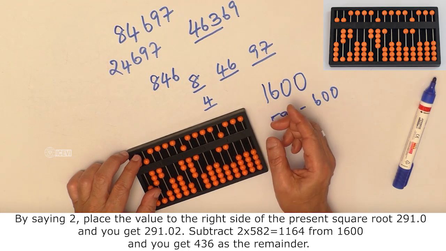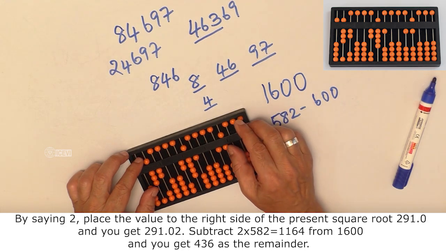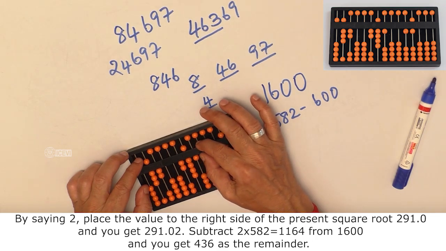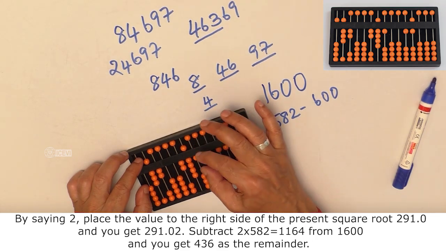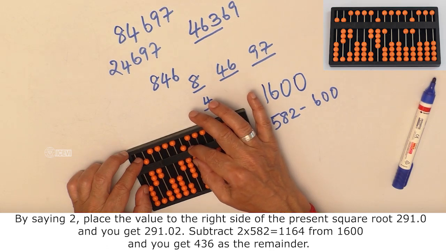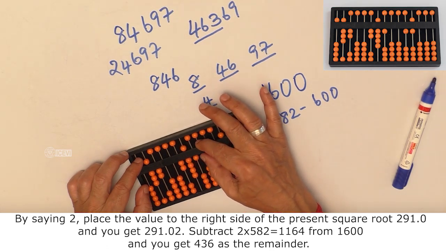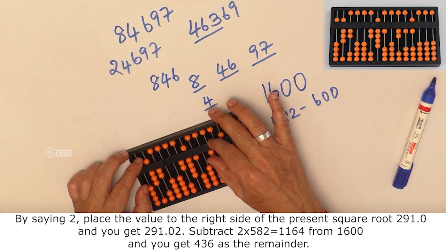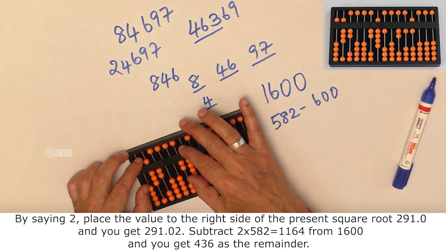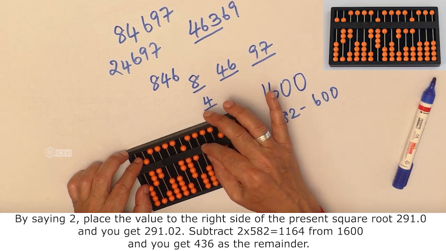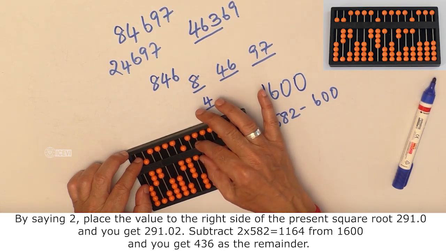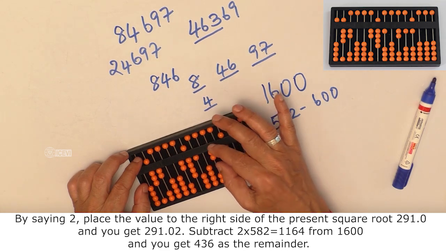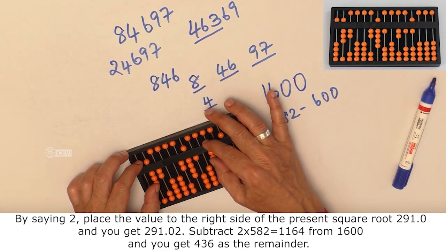By saying 2, place the value to the right side of the present square root, that is 291.0, and therefore you will get the square root as 291.02 at this stage.